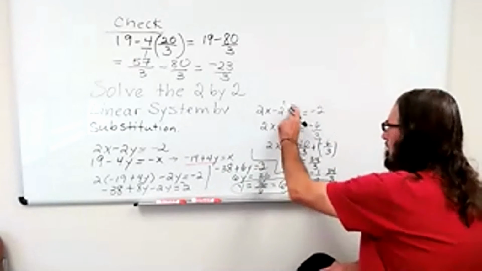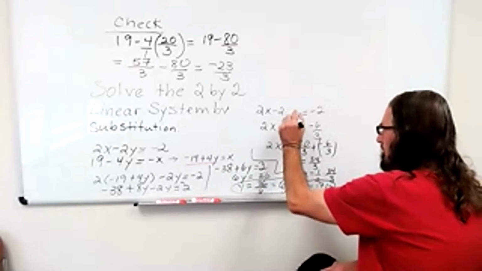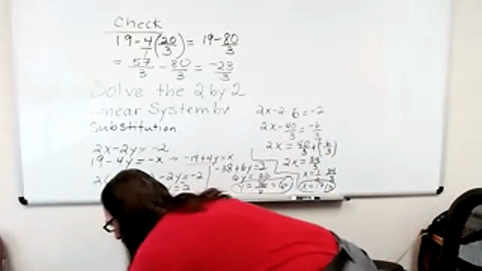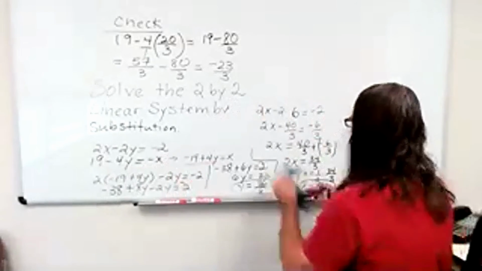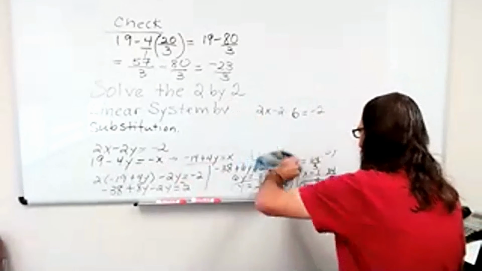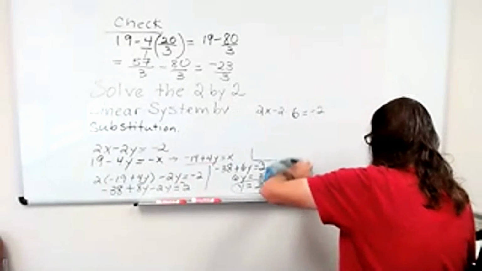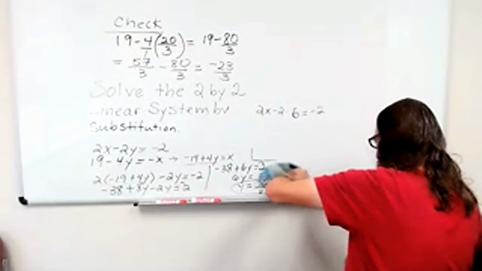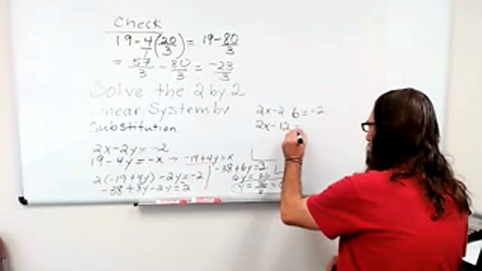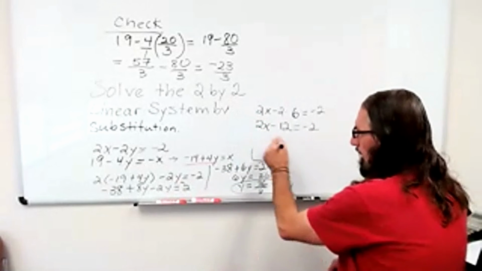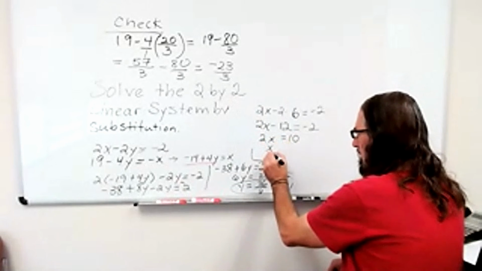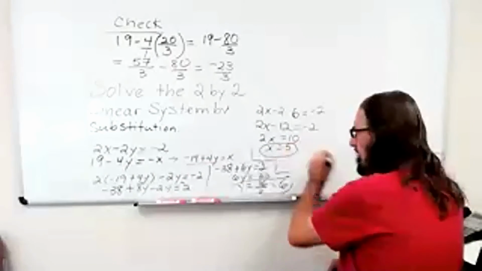And plugging that in over here should be a lot less work to check out what x is. 2x minus 12 equals negative 2. Add the 12 to both sides. 2x equals 10, and x equals 5.